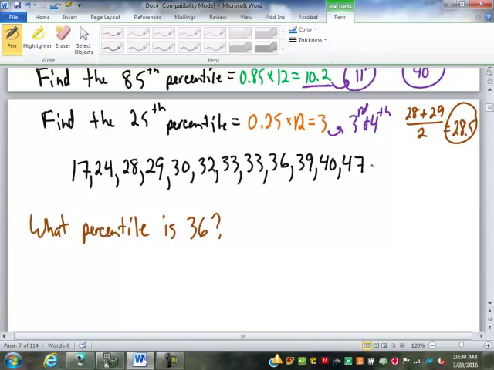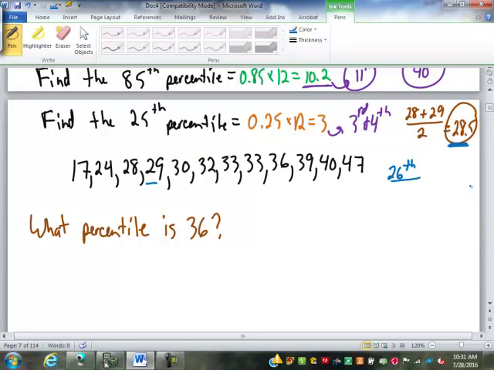Now, with a small set of data like this, when you find a certain percentile, the value is actually in a range of percentiles. The 28.5 is between them, so the 25th percentile is the only one that will give us the 28.5. The 26th percentile would be the 29, right?